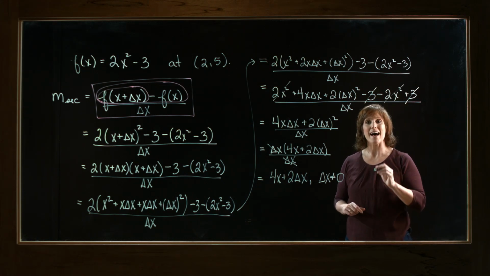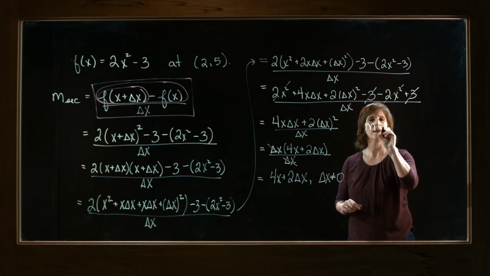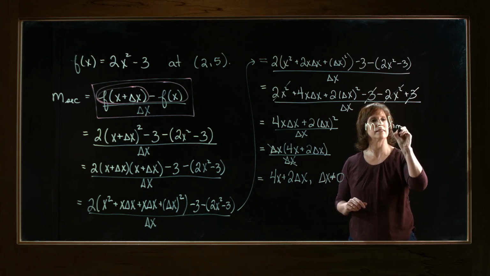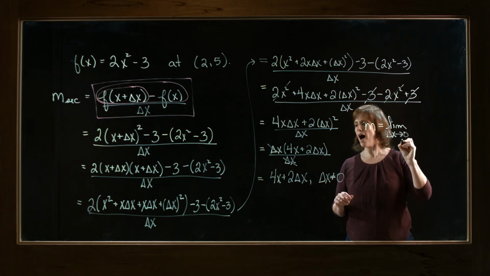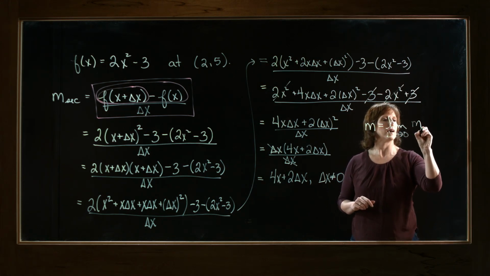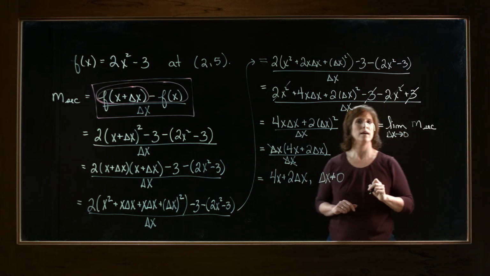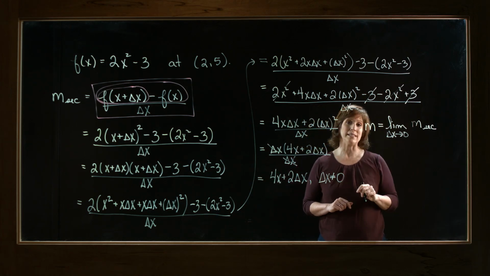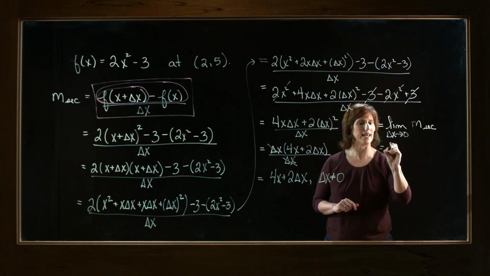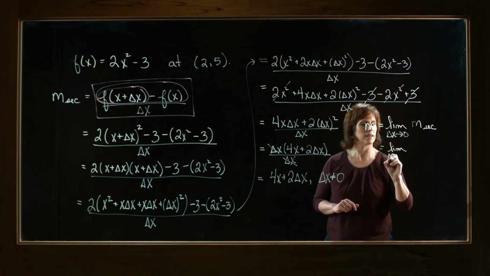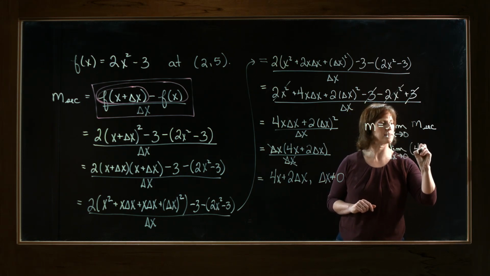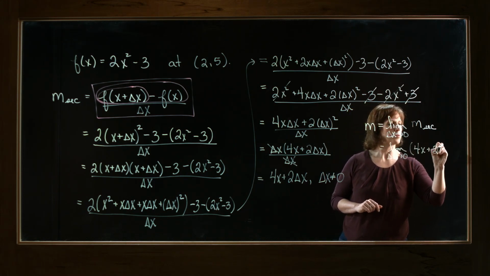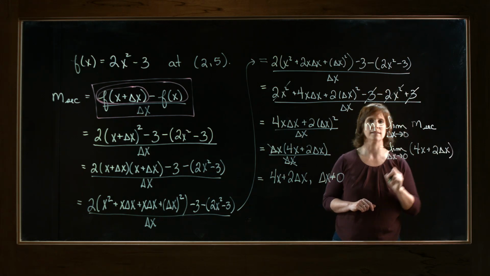And to find that, I need to take the limit as delta x approaches 0 of my slope of my secant line, which in this case is 4x plus 2 delta x.